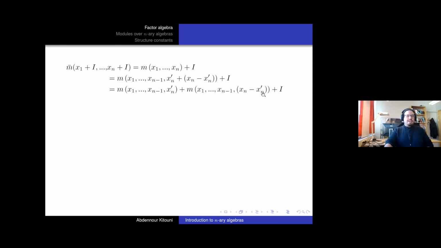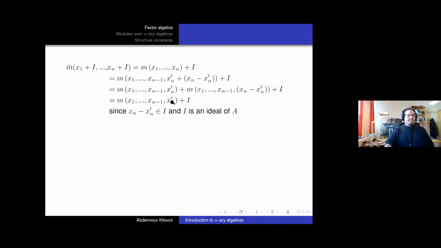And then this xn minus xn prime is an element of I. And then since I is an ideal, then this M of this is also an element of I. And then we end up with this.